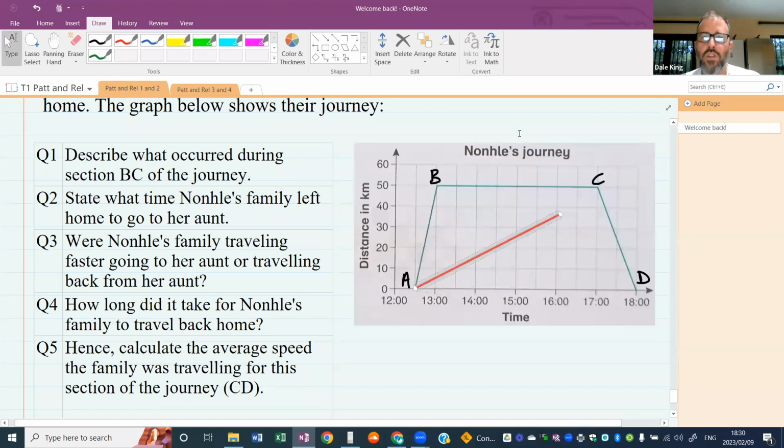It's a much more gentle angle, a gentle slope. They will be traveling slower, so they are taking longer to cover a similar distance. So that's a slower speed. So the steepness, the gradient of the line tells us how fast they're going in this journey. So section AB will definitely be faster.